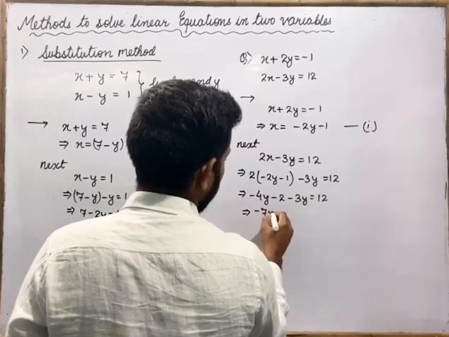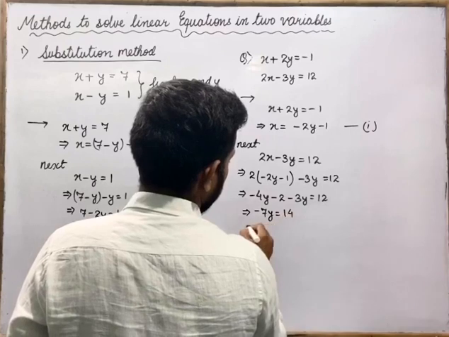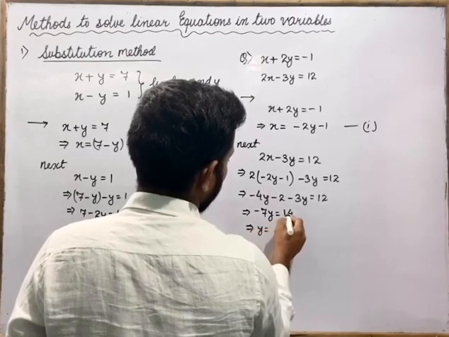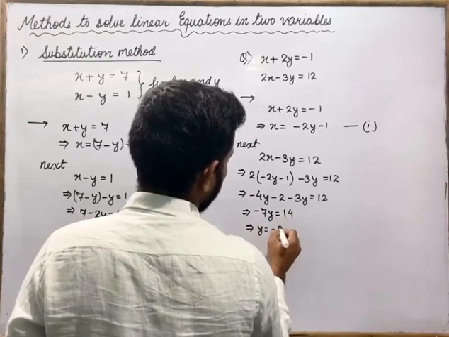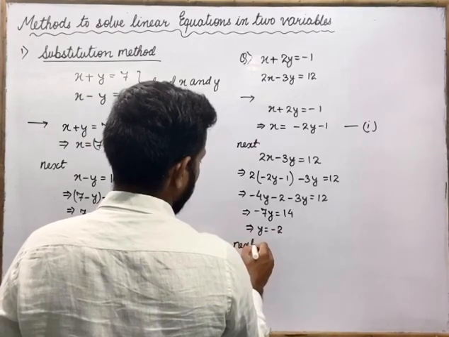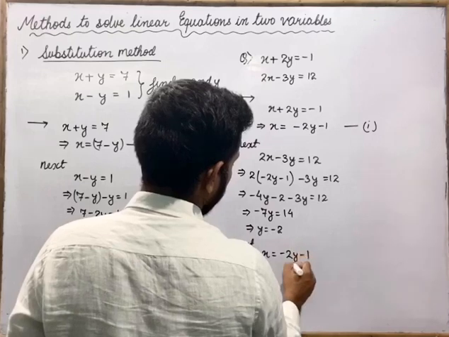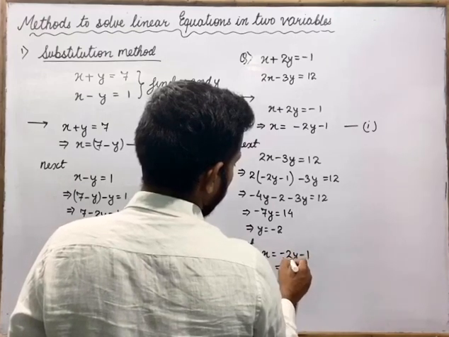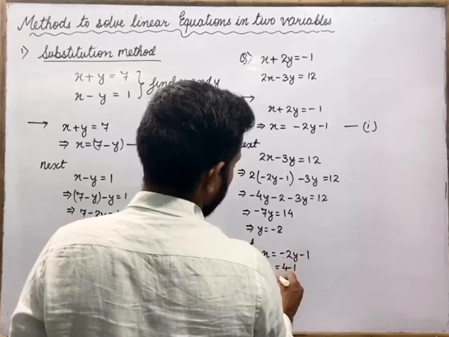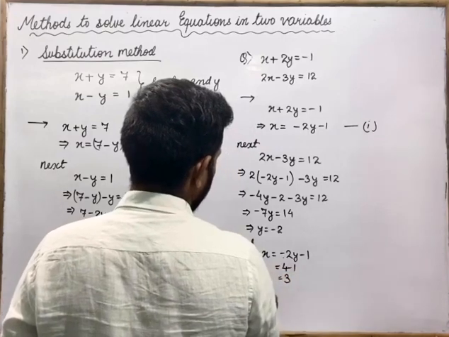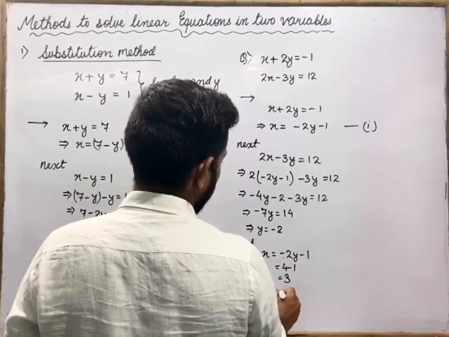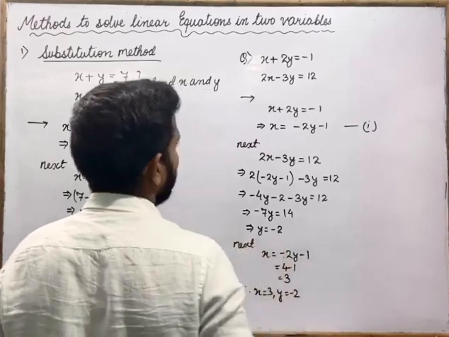Minus 7y equals 14. So y equals 14 by minus 7, that is minus 2. Next, x equals minus 2y minus 1. So minus 2 into minus 2 is 4, minus 1, it is 3. Therefore x equals 3 and y equals minus 2.